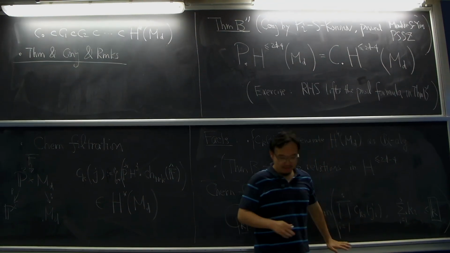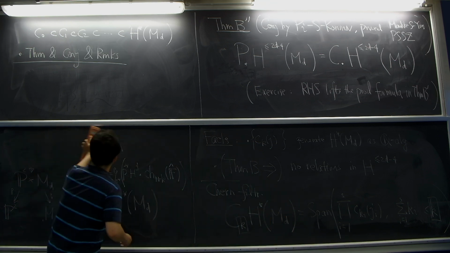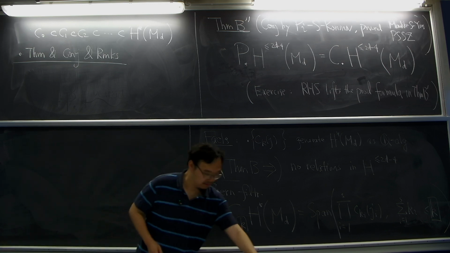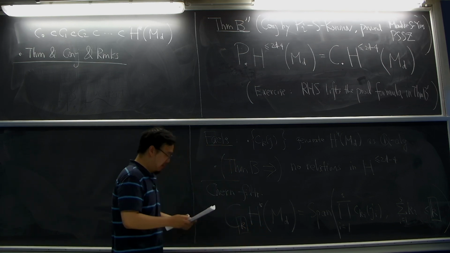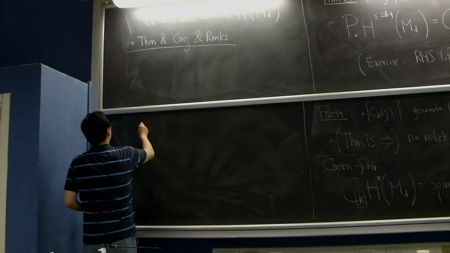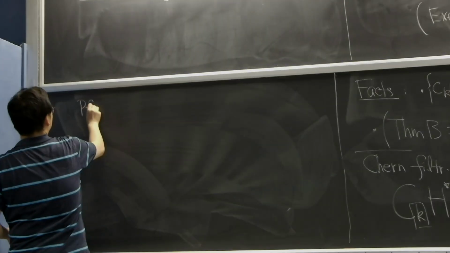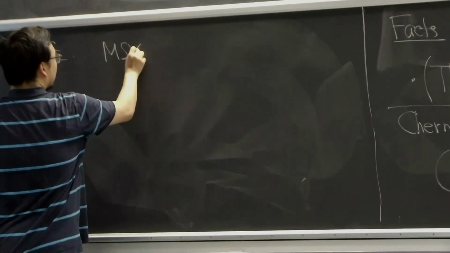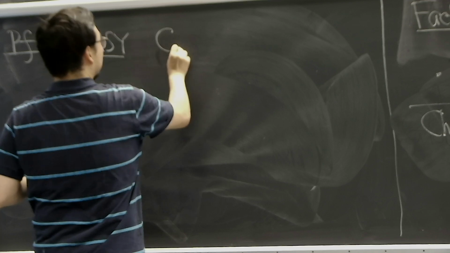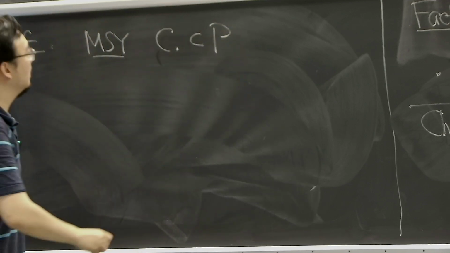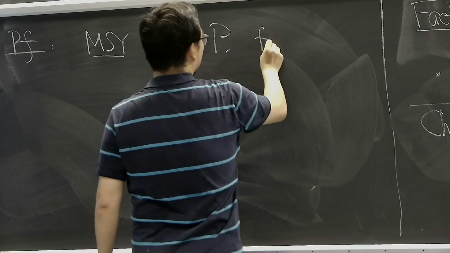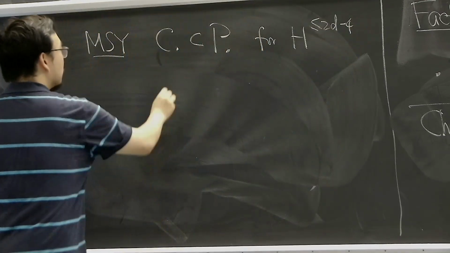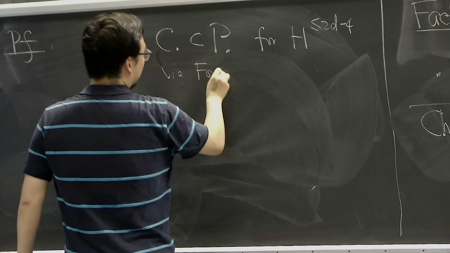However, this is not the interesting part. The most interesting part is the conjecture. But let me first say briefly that the proof combines two things. In MSY, we prove that one inclusion, the Chern filtration, is included in the perverse filtration for degrees up to 2D minus 4, using Fourier transform.